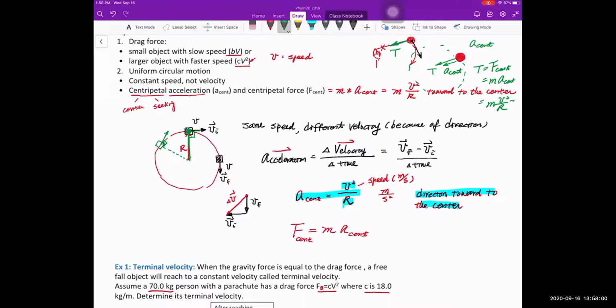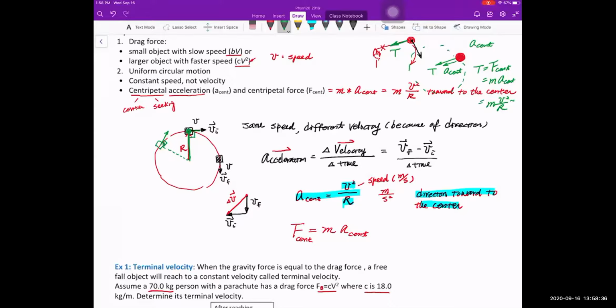Another thing you can think of is that if you swing the bow, how long the string, how long the wire is, is going to affect how much speed you need in order to keep it going around a circle, right? If you have a longer distance of the wire, do you think you need to swing it faster or slower? Faster?